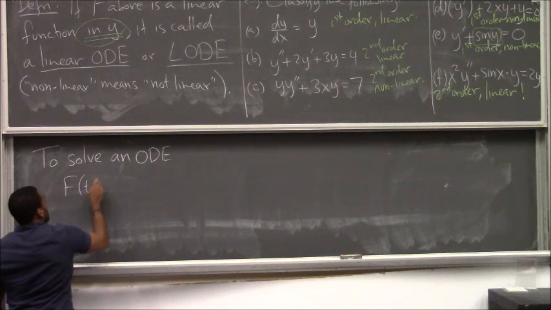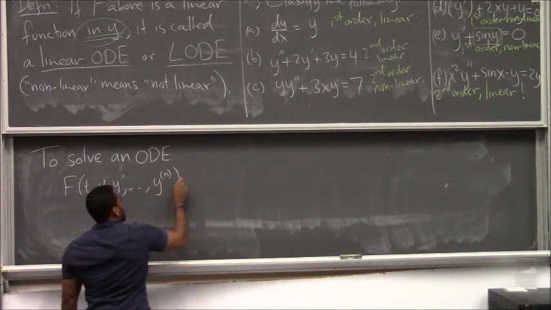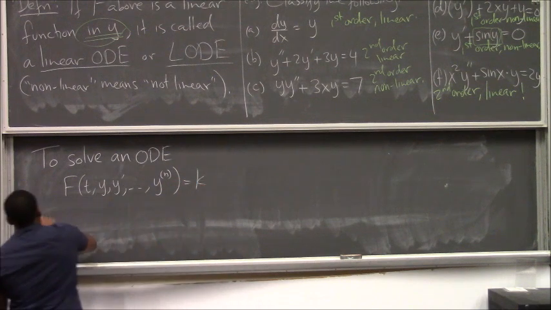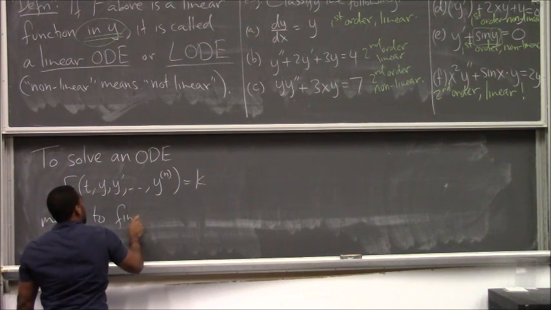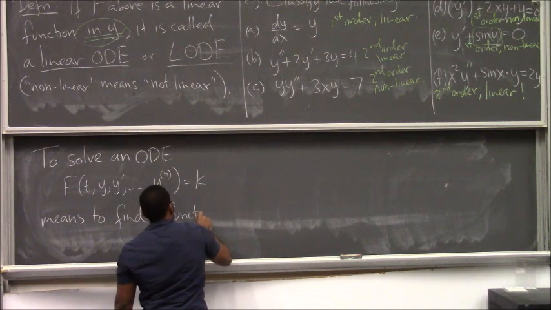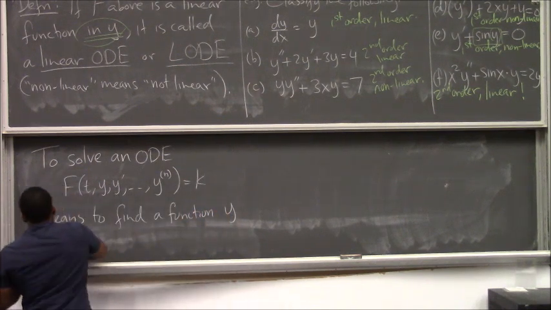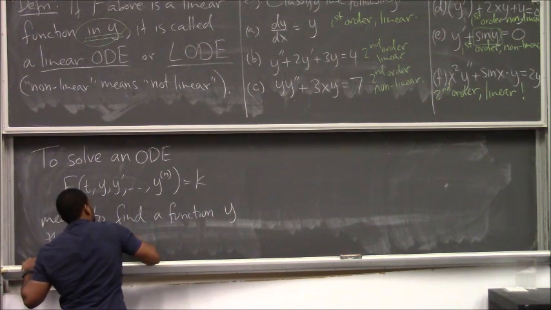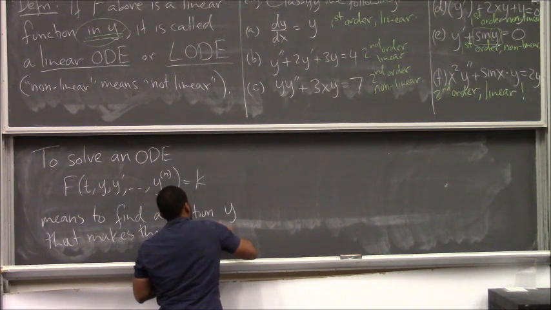To solve an ODE, like F(t, y, y prime, ..., y^(n)) = 0, means to find a function y that makes the ODE true.